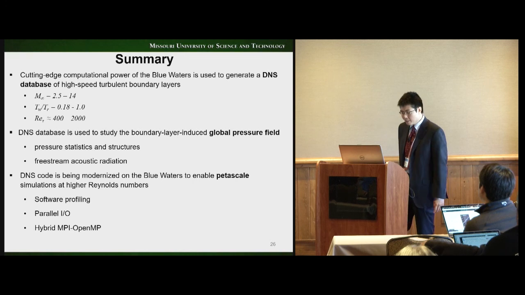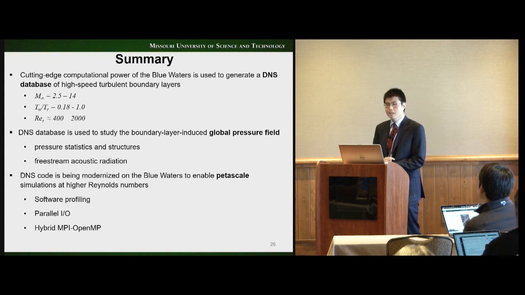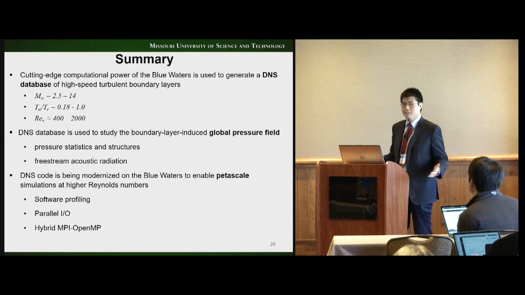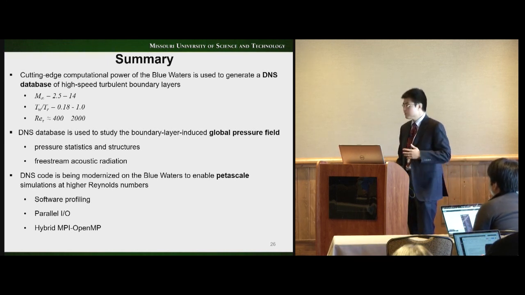All right, so I want to summarize. We have made use of the unique capability of Blue Waters to develop this DNS database that spans a wide range of Mach numbers and wall temperatures, and also a range of Reynolds numbers.